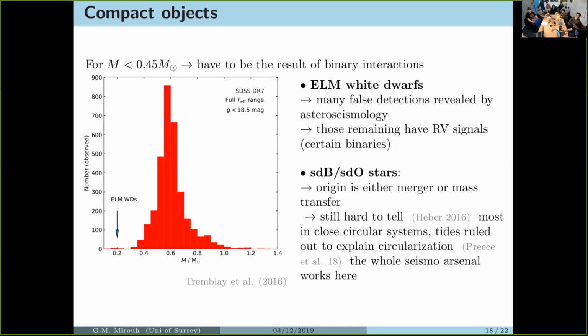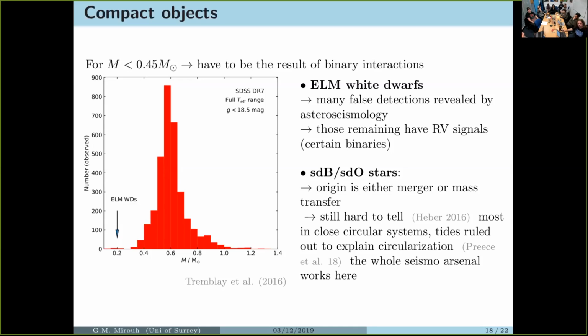So you have two kinds of star in there. ELM, so extremely low mass white dwarfs. They're the very tiny bump here on the left. The bump is tiny for one reason, which is that there are many detections that have been revealed to be false by asteroseismology.